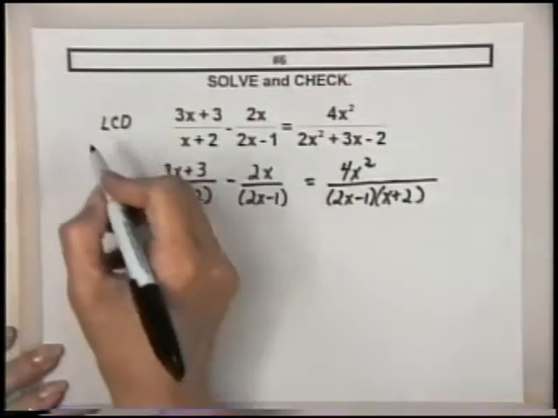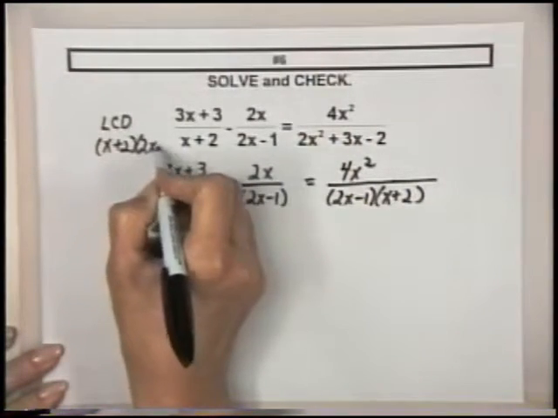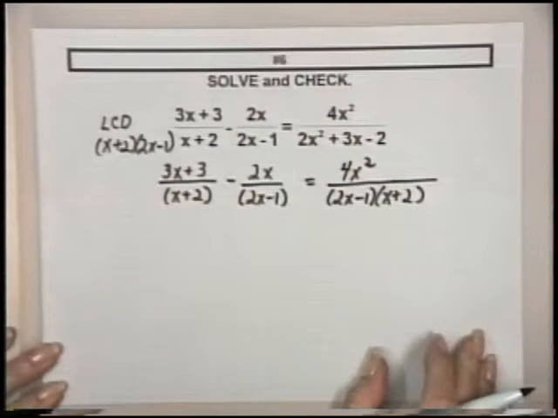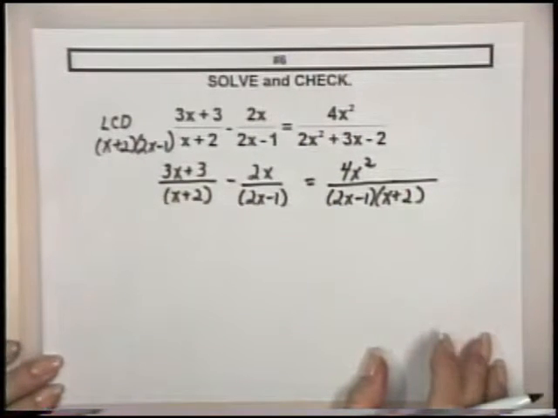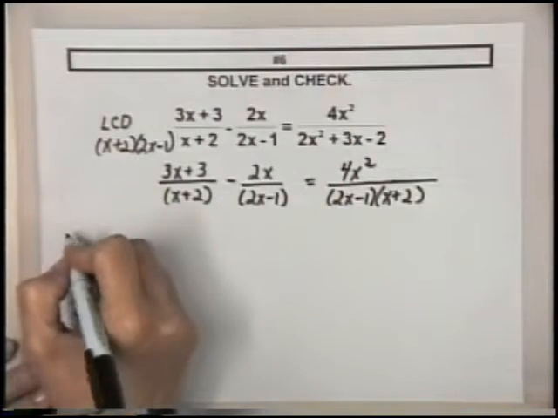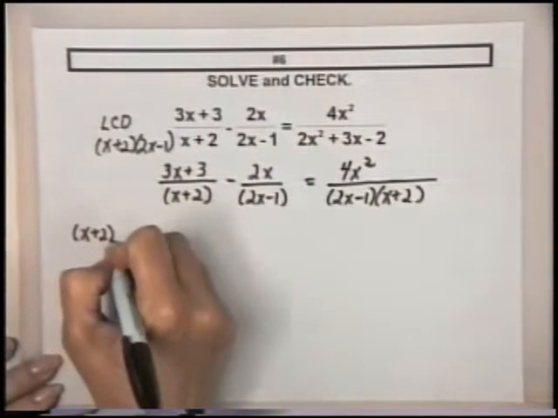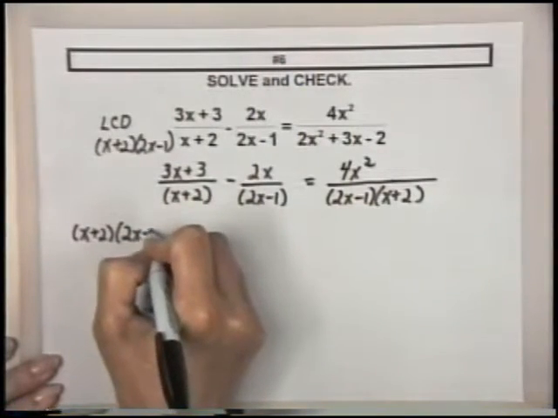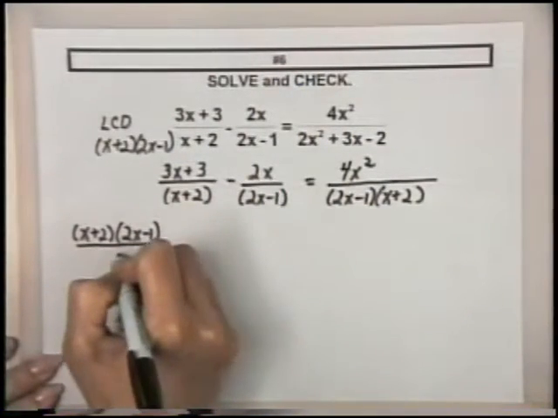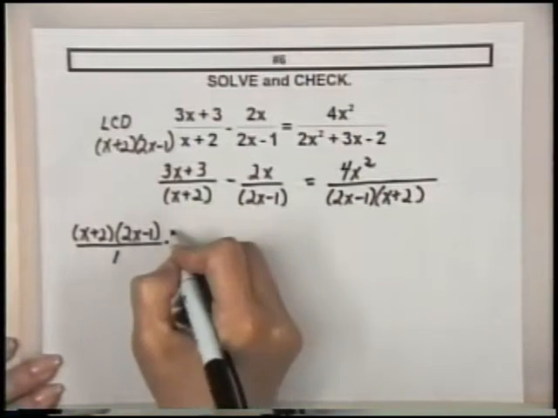My LCD for this equation will be x plus 2 times 2x minus 1. I now need to multiply each fraction by the LCD. I will write my LCD, x plus 2 times 2x minus 1 over 1.